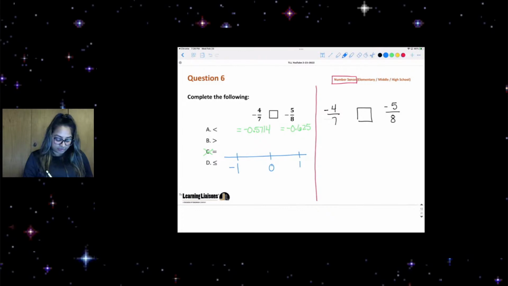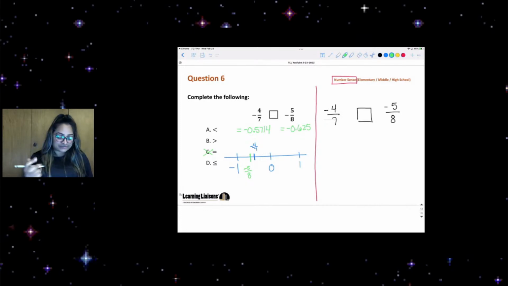Okay, well, negative 0.5, that sounds like it's really close to half. So that's going to go over here. Well, 0.6 is closer to negative 1, so that's going to go next to it. Well, remember, with negative numbers, the number closer to 0 is larger.